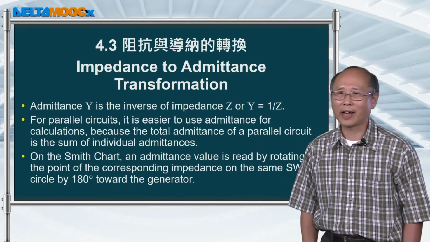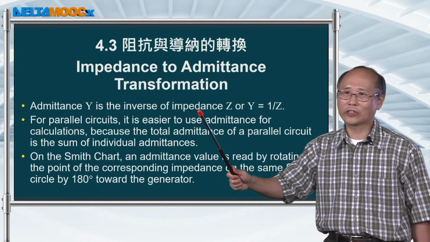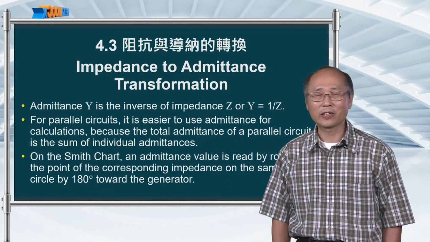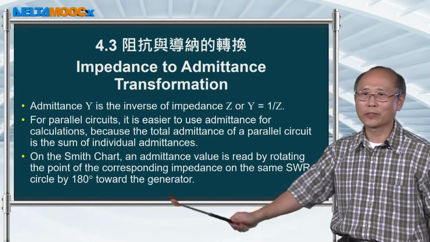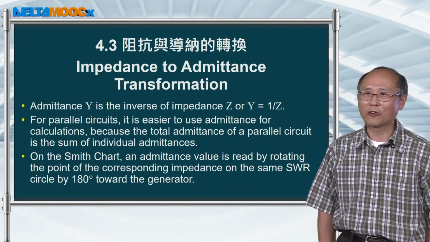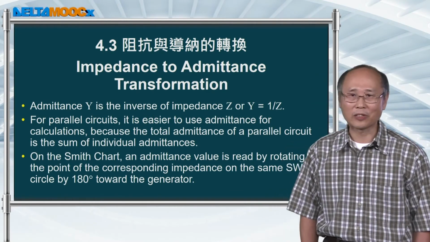So in this session, I taught you the admittance, which is just the inverse of the impedance. This admittance value is going to be quite useful when you deal with a parallel circuit, because the total admittance of a parallel circuit is just the sum of individual admittances.